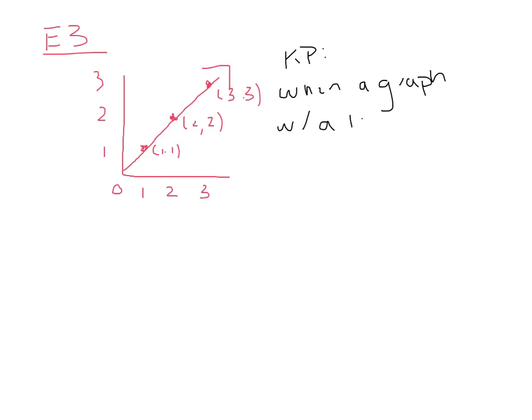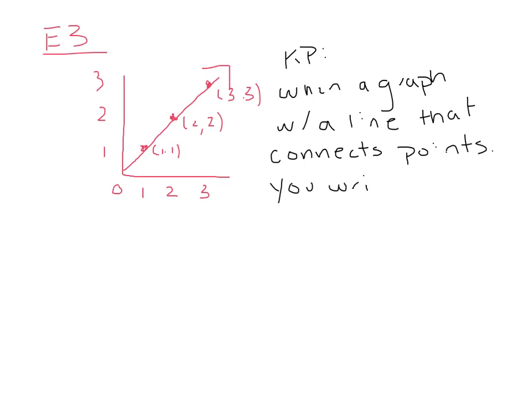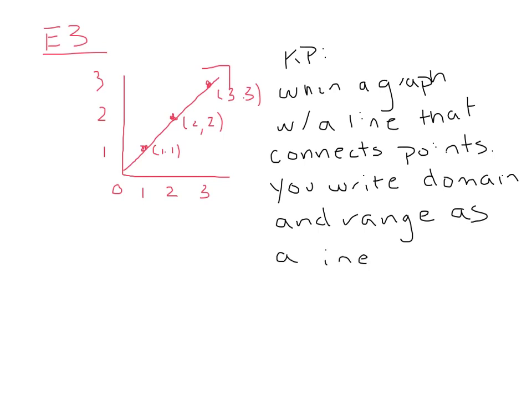When you have a graph with a line, now that could be a line that completes a full circle, that could be a line that completes a full shape, but when you have a graph with a line that connects points, you write the domain and range as an inequality.